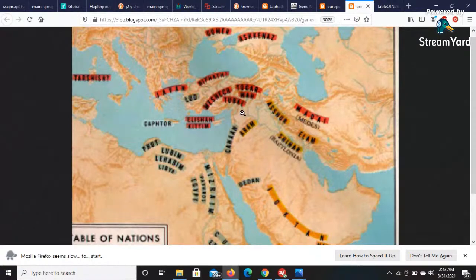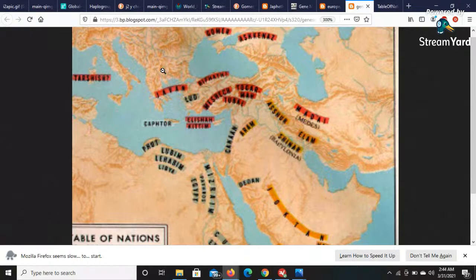It could be Meshach and Tubal. Could be Gomer and Javan. So yeah, it's kind of hard.